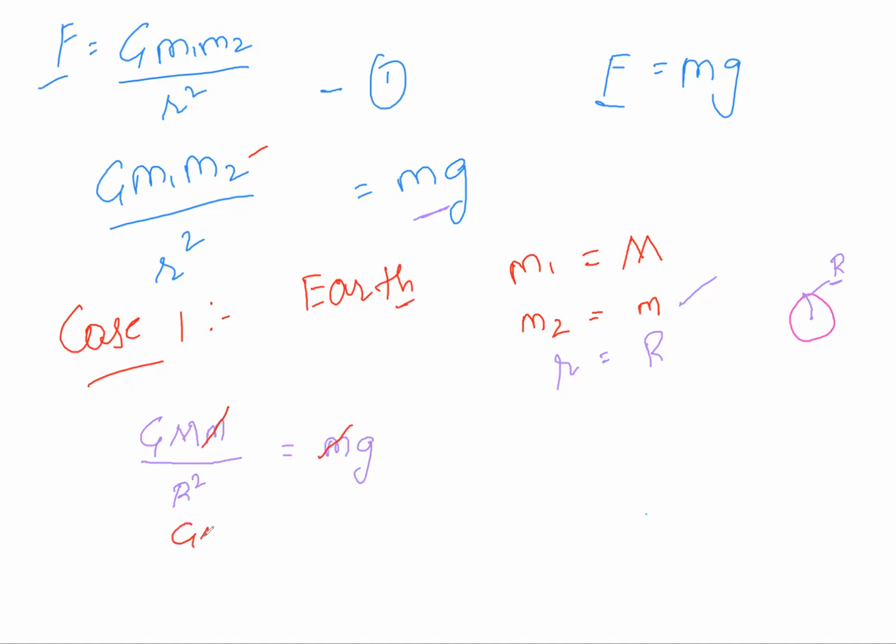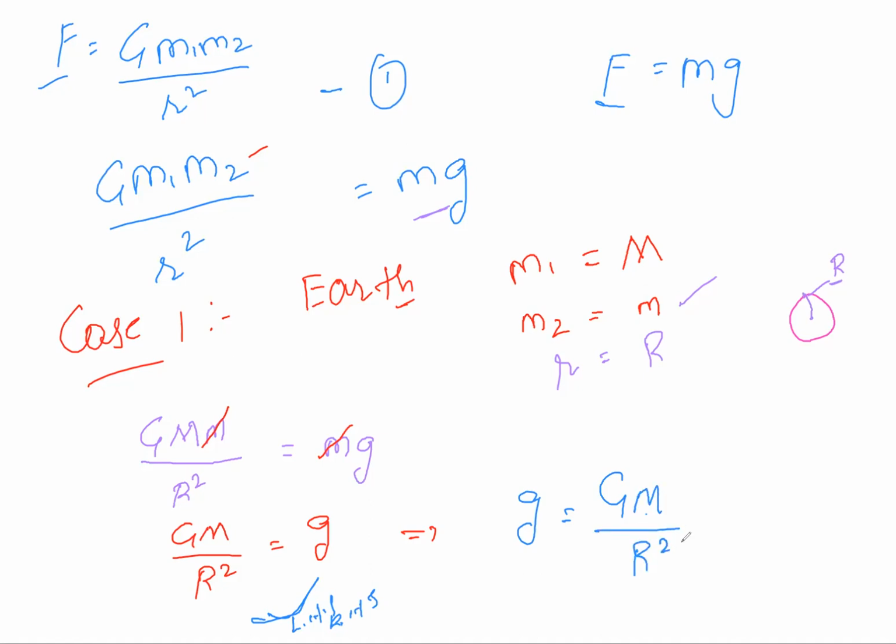Then finally I got G capital M by R square equal to g. So finally g equal to G capital M by R square. I am just reversing the LHS and RHS for our convenience. Clear? So this is the final equation.